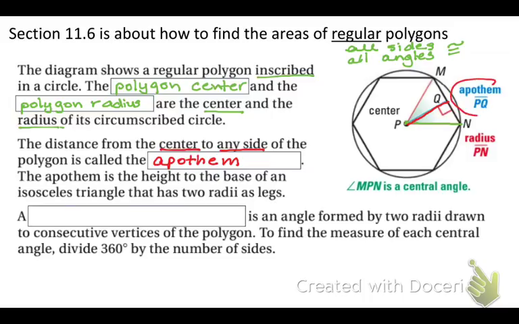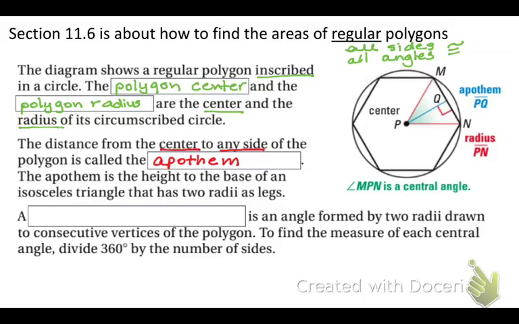And here you see apothem is line PQ. So the apothem is the height to the base of an isosceles triangle that has 2 radii as legs. So let's take a look at this more closely because it's very important.